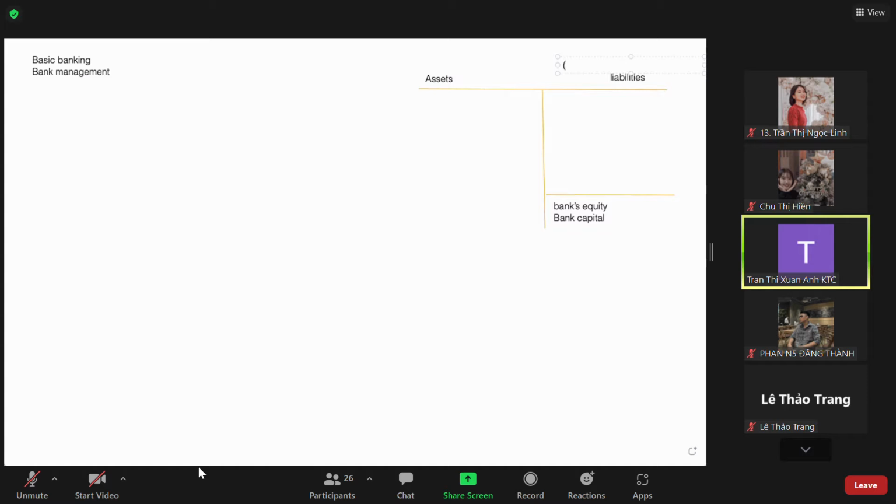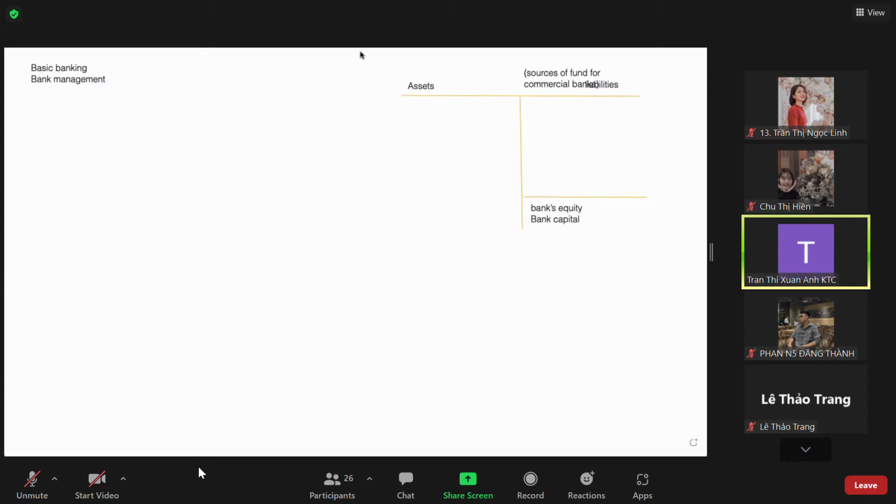When we talk about liability, we should refer to it as sources of funds, right? More than considering it as liability, sources of funds for commercial banks. It's like, I'm dealing with money, so where do I get the money? So they will look here at the right-hand side of the T account, sources of funds.